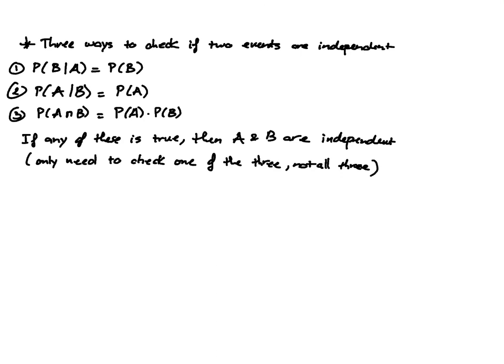So as long as any of these equalities is correct, then the two events are going to be independent from one another. In the next video, we will look at an example where we apply these equalities to check for independence.